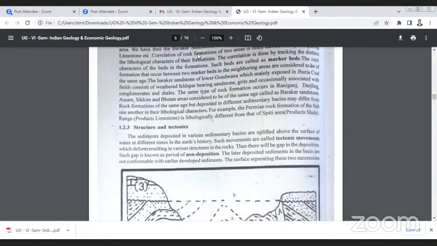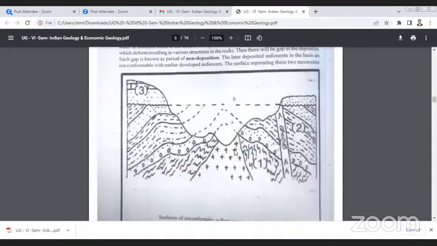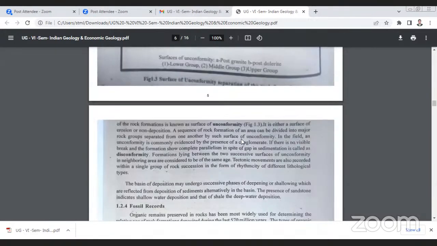It looks like a gap, known as a non-deposition area, and it divides the rocks into two parts, as two successions of rock formations.